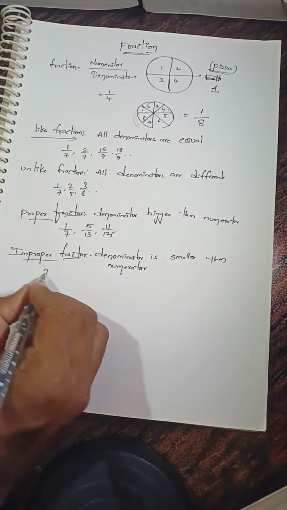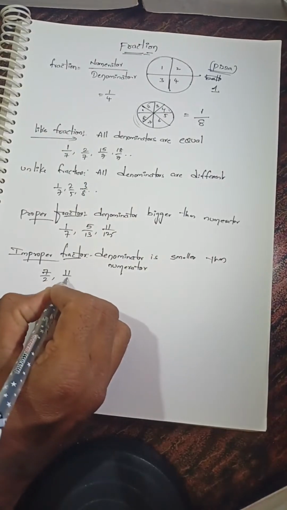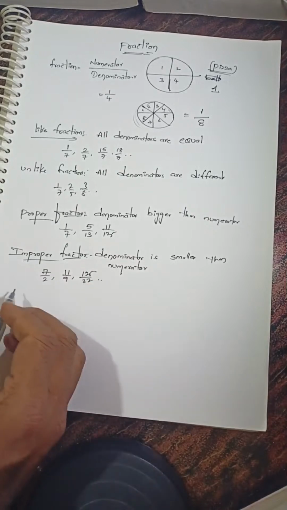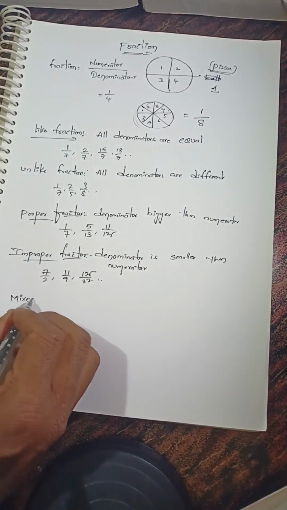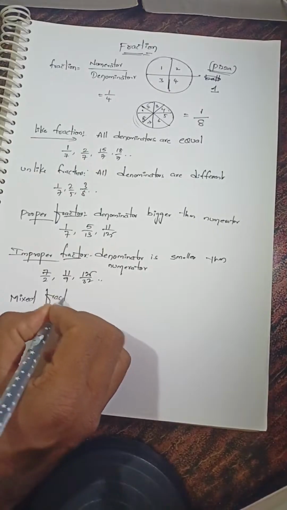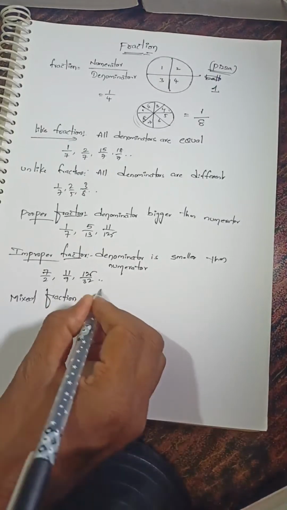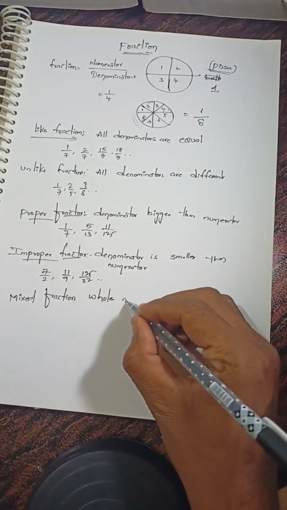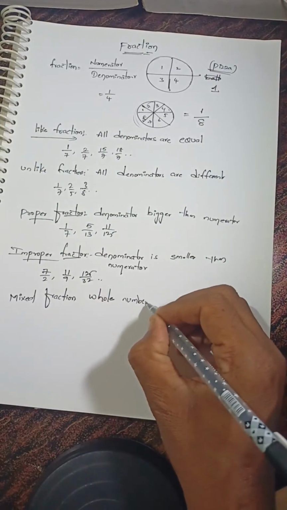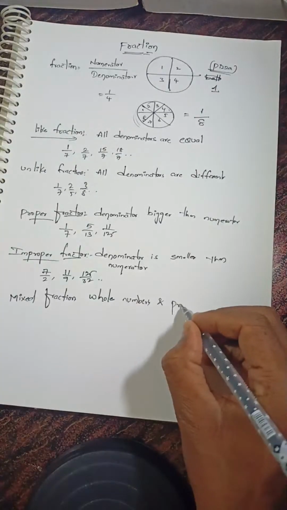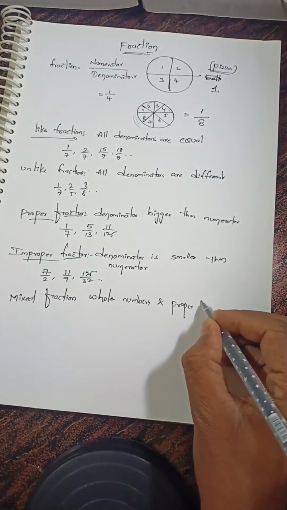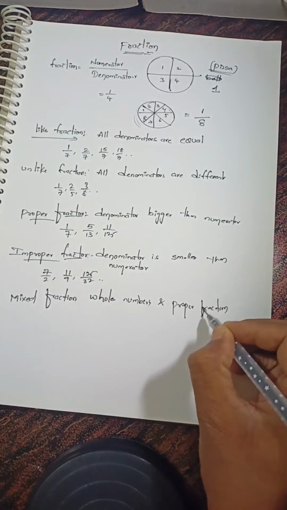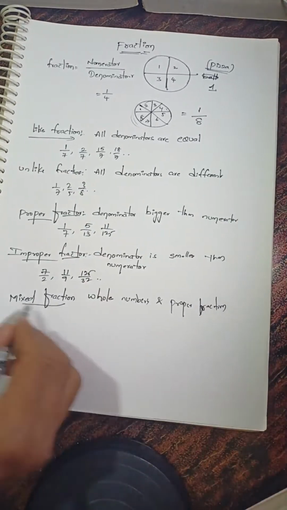For example, 7 by 2, 11 by 9, 125 by 32. This is called a mixed fraction. A mixed fraction is one which has a whole number and a proper fraction.